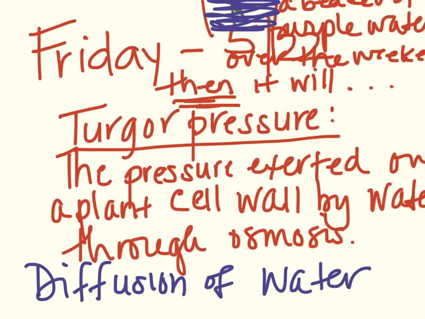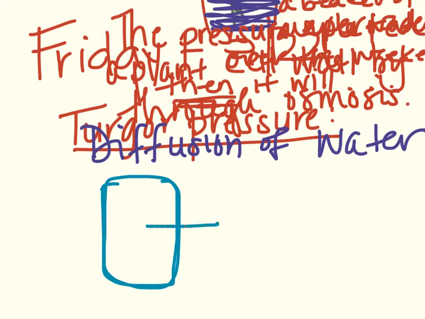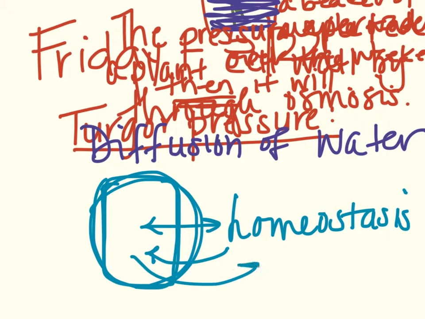So basically, all plants obviously are made up of plant cells. So you have these plant cells that are filling up with water, possibly, and you have water that's going in and out of the plant cell so that there can be the same amount of water on the inside of the cell as on the outside of the cell. If too much water goes inside, then water will come back out.